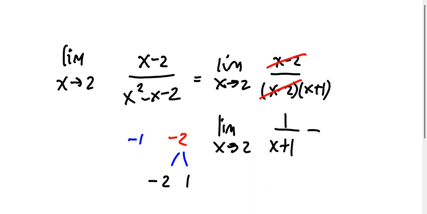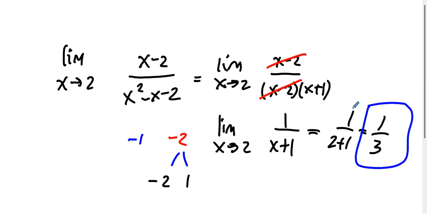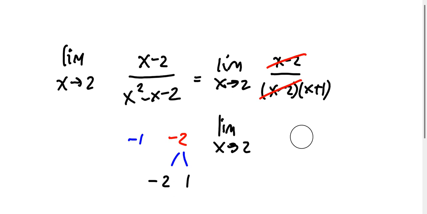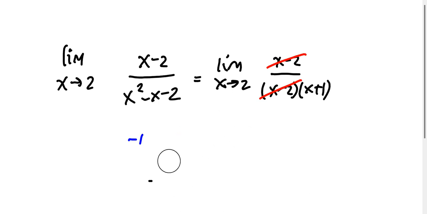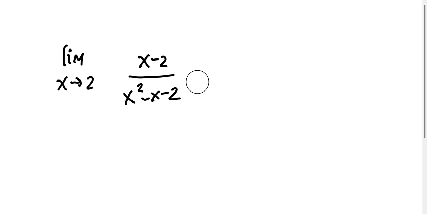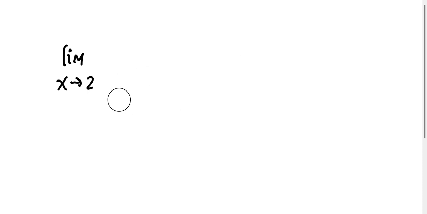So now all we got to do is directly plug that in. Now 1 over 2 plus 1 is equal to 1 over 3. So in this case, that is going to be the limit for that one. So make sure that you factor your expression to see if you can evaluate the limit with direct substitution.